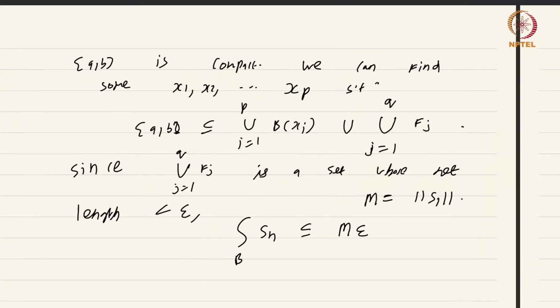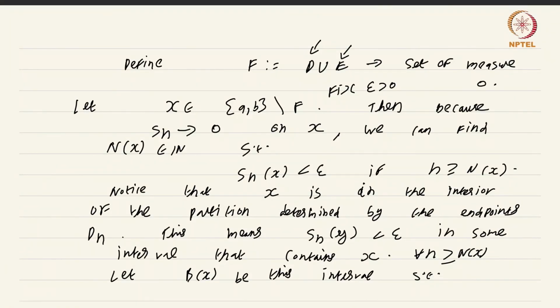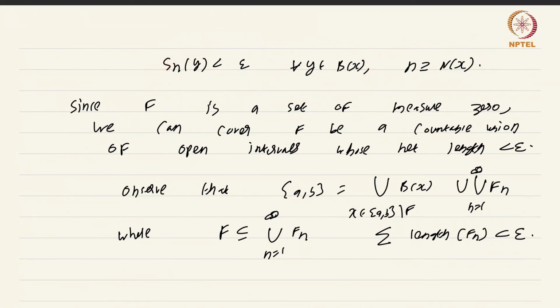Recall, how were these intervals B_x's chosen? We first chose this N_x such that if n is greater than or equal to N_x, S_n(x) is less than epsilon, and B_x was the corresponding interval on which S_n is constant, and therefore S_n(y) will be less than epsilon for all y in B_x whenever n is greater than or equal to N_x. This is the way these intervals B_x and the integers N_x were chosen.